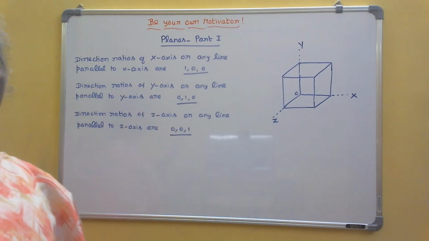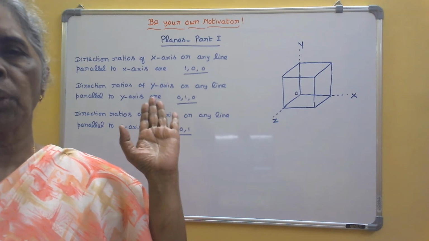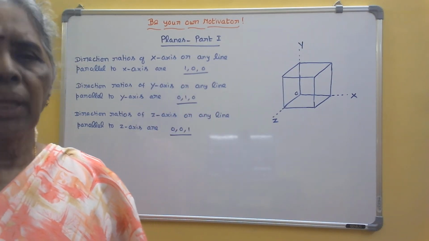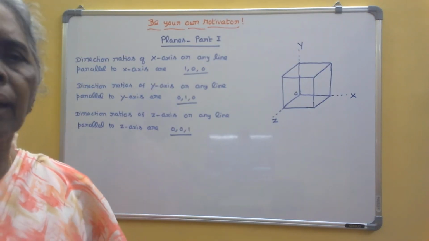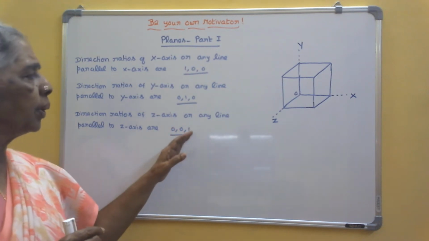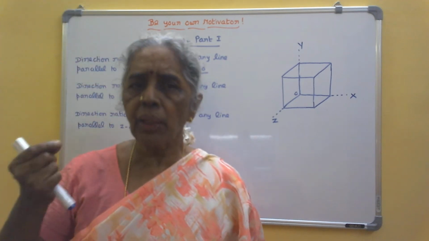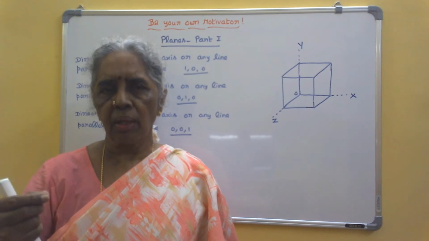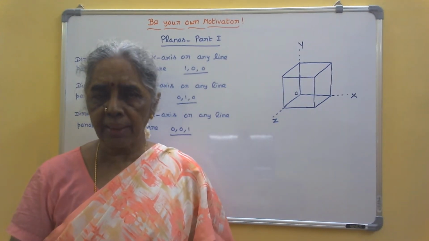Direction ratios of y-axis or any line parallel to y-axis are 0 comma 1 comma 0. Direction ratios of z-axis or any line parallel to z-axis are 0 comma 0 comma 1. See, all these basic facts only if you are thorough, you will be able to apply them in the sums and solve them. Okay. So now are you clear about the direction ratios?